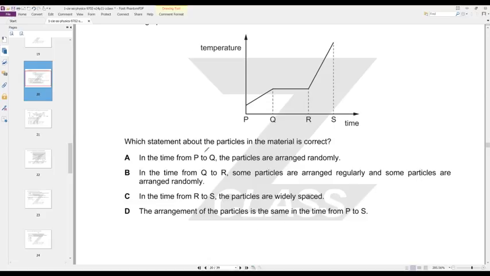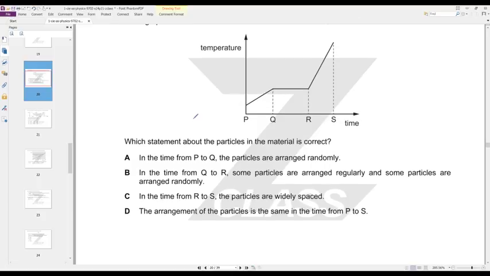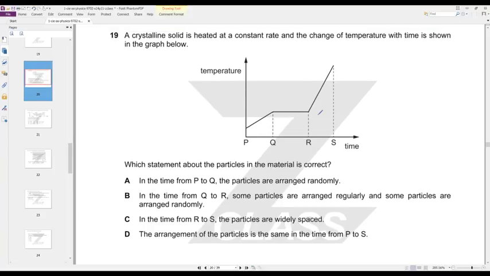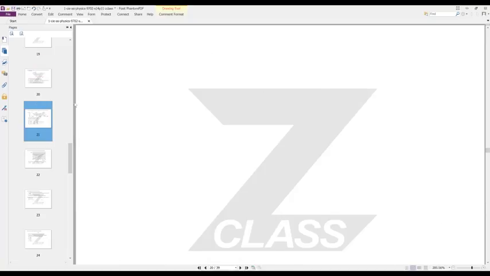They're making a statement. Okay, so they're looking for B. They're assuming it's melting. So they're assuming that you're melting here and therefore you're going from solid to liquid. Fair enough. Okay.